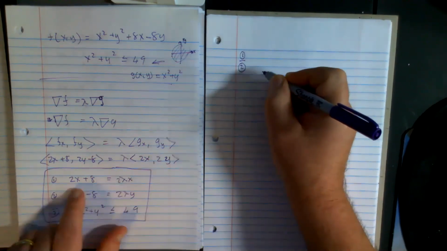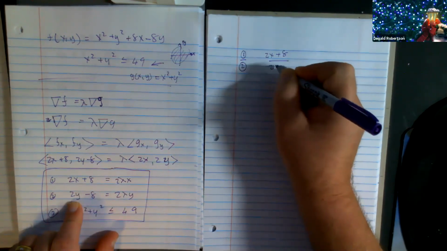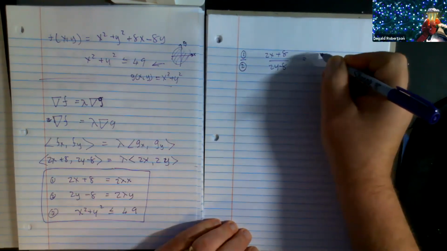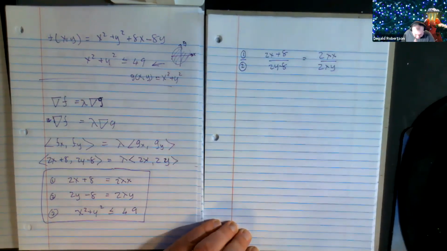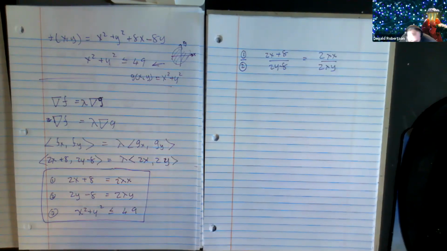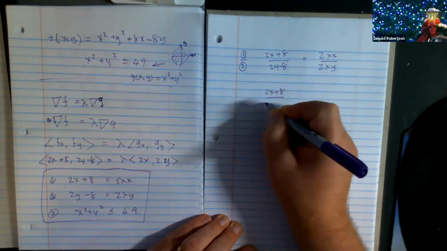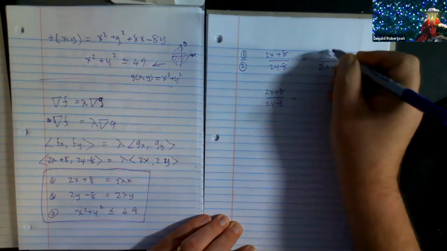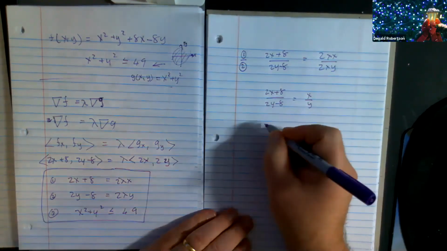Now, if you take equation 1 and you divide the left-hand sides, you get that. And if you take equation 1 and divide the right-hand sides with equation 2, you get that. The trick of why the divide works, doesn't the divide get rid of the lambda? So what I'm going to have is 2x plus 8 over 2y take away 8, and that is x over y. And now I will cross multiply.